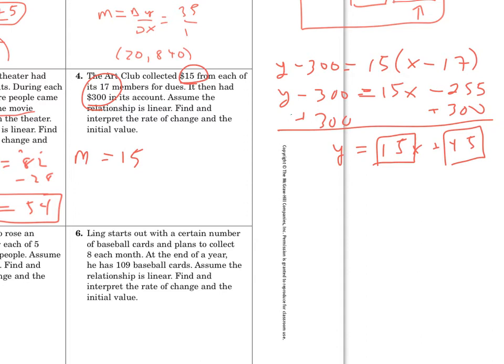Because 45 is divisible evenly by 15, it looks like 3 people already paid their dues, and that's where they got the $45 from. And then they collected another 17 dues. So far, it looks like they have 20 people in their club and maybe more. Who knows? The other people haven't paid their dues yet.